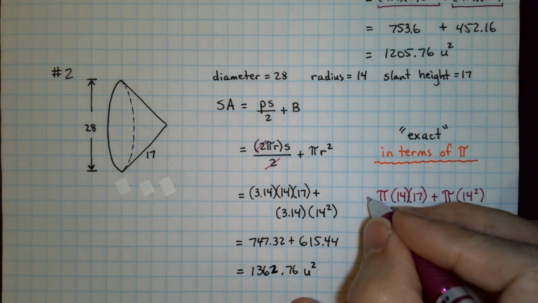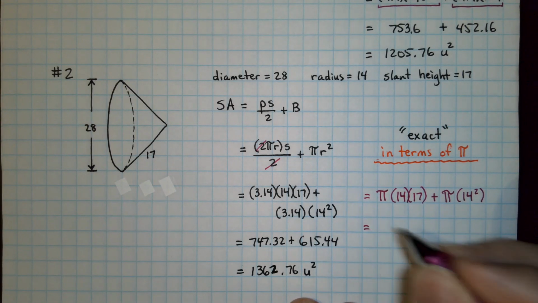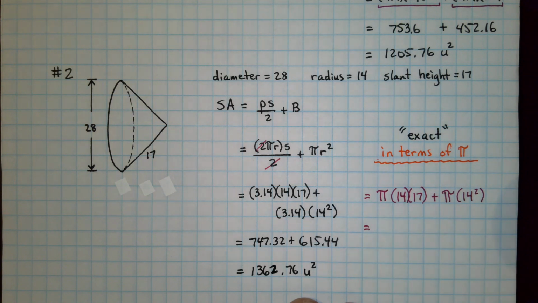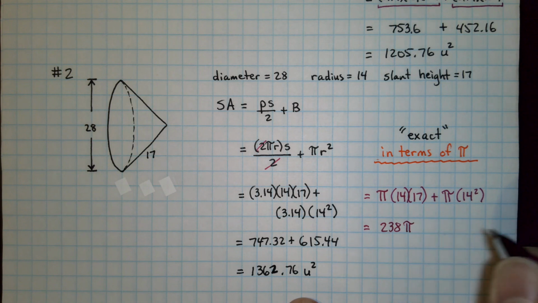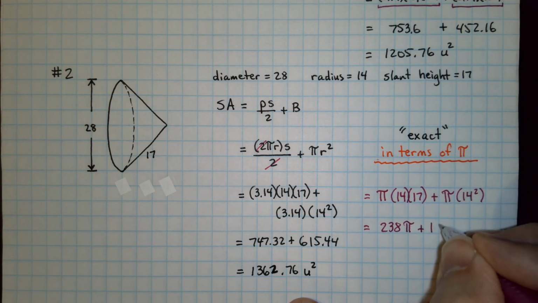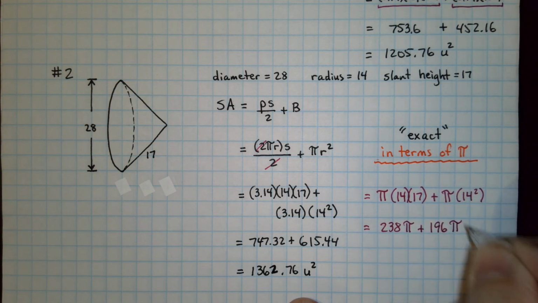Now what happens in the following lines is 3.14 is not part of what you put in the calculator. You just put the other values in. 14 times 17 would give you 238, and you would have pi, and 14 squared would give you 196, and you would have pi.